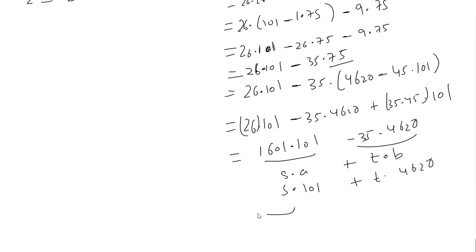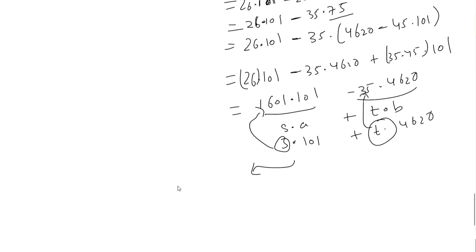In this case, the value of S is 1601 and the value of T is minus 35.